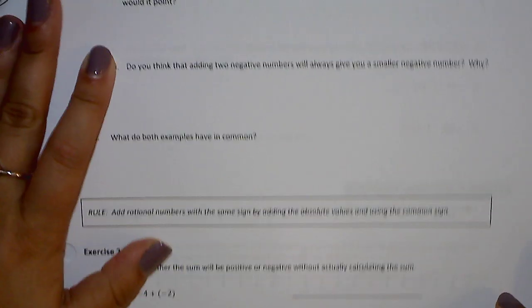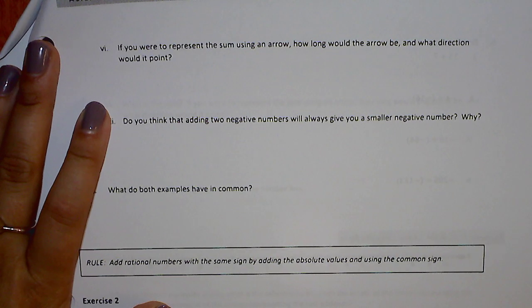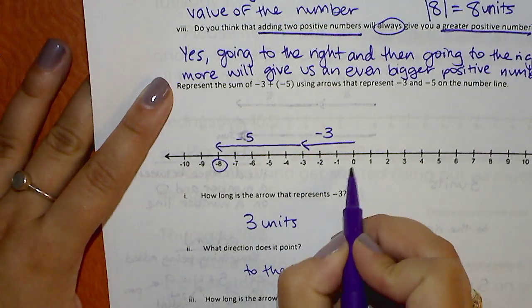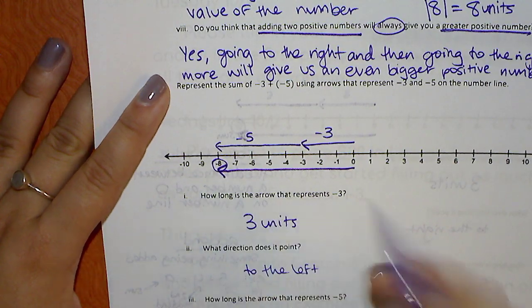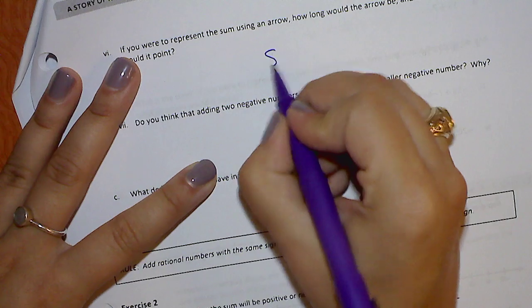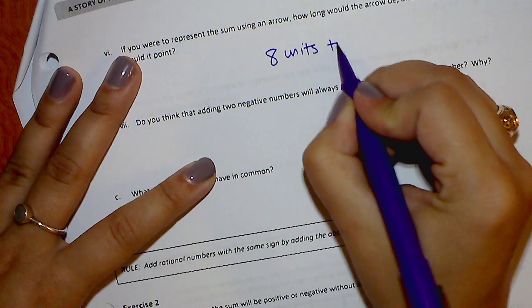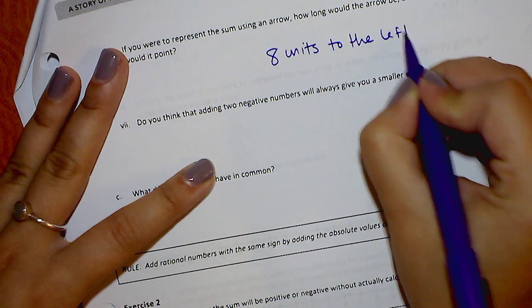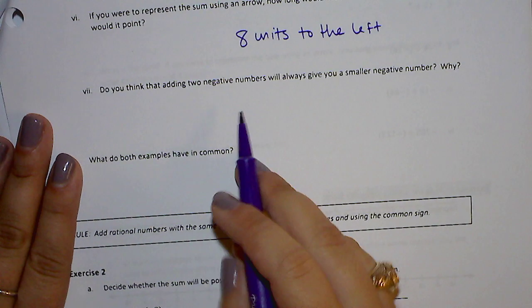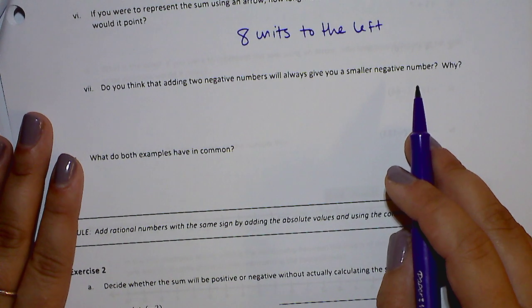If you were to represent the sum using an arrow, the sum was -8. The arrow would go like this, 8 units to the left. Do you think that adding two negative numbers will always give you a smaller negative number, and why?